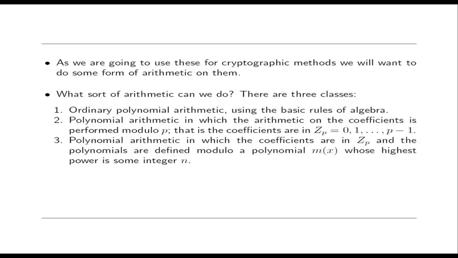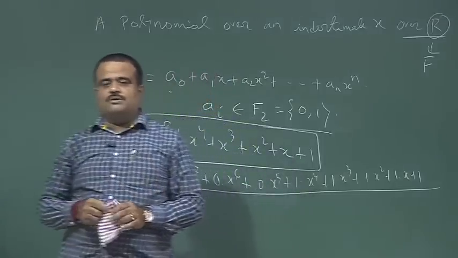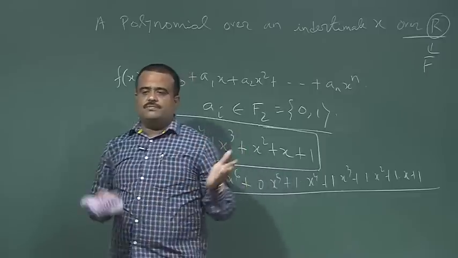Now for our cryptographic purpose, what will we do in this polynomial arithmetic? We will basically do the ordinary polynomial arithmetic, like how to add two polynomials, how to multiply two polynomials, how we can divide two polynomials.